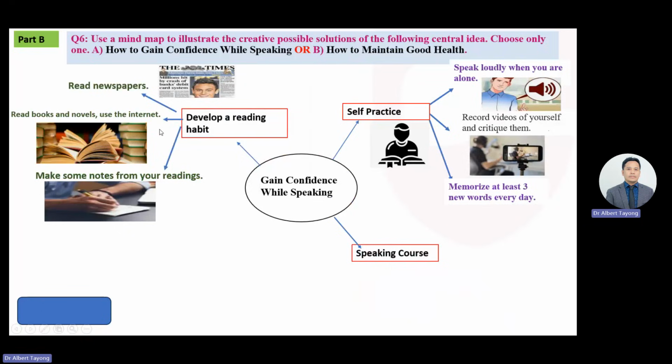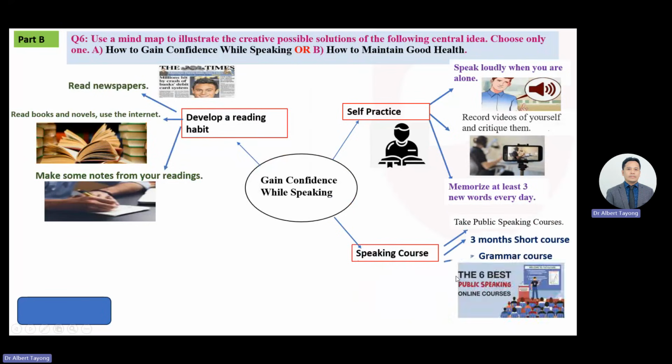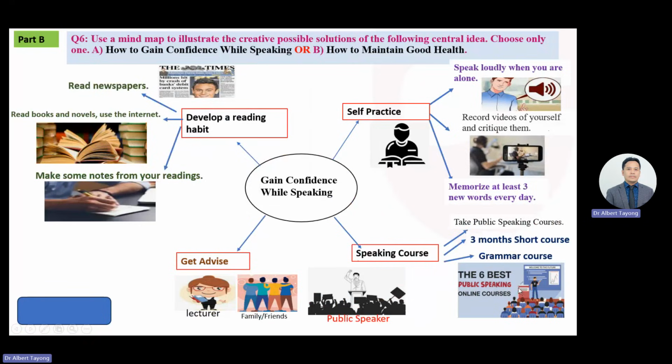Nowadays, we use the internet to read, or maybe newspapers. Or maybe you can attend speaking courses or take courses about grammar. It could be a short course on public speaking. Or maybe you can get advice from your lecturers, family and friends, or public speakers.